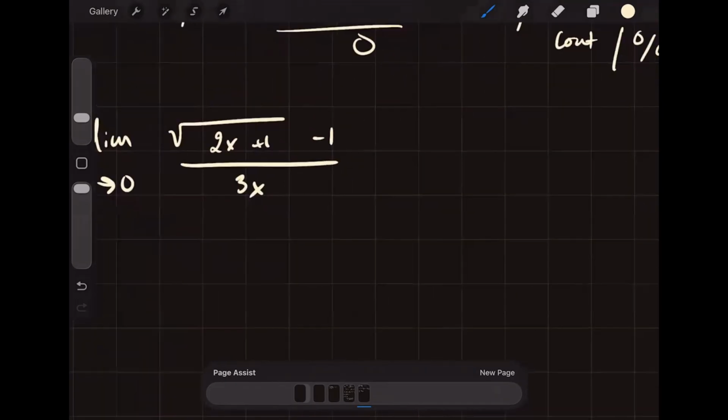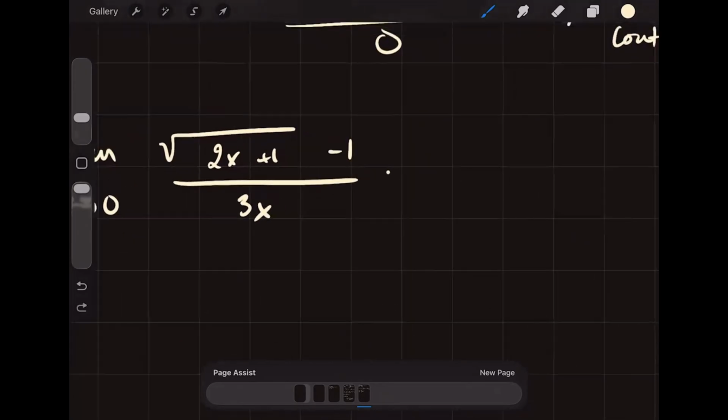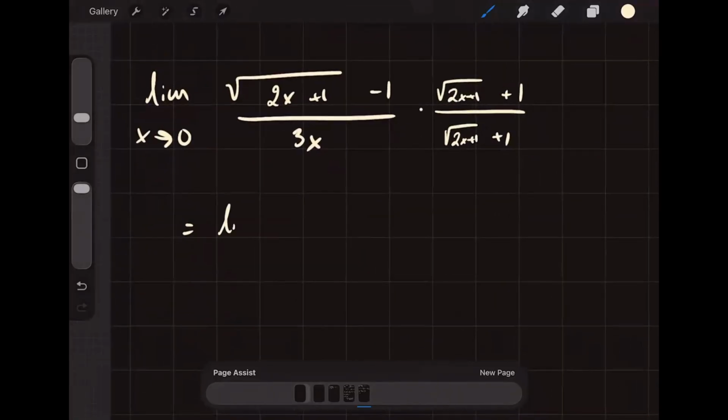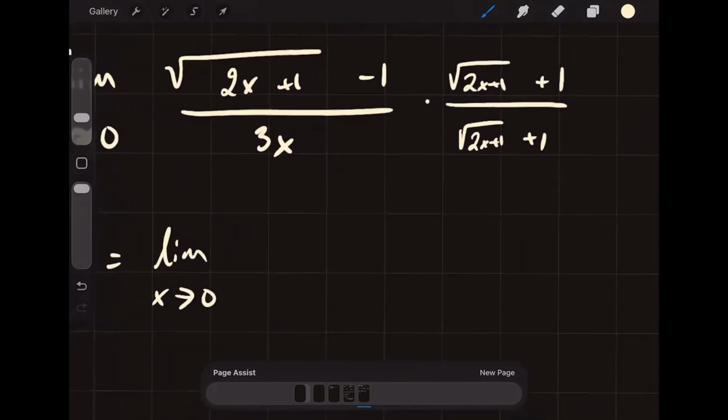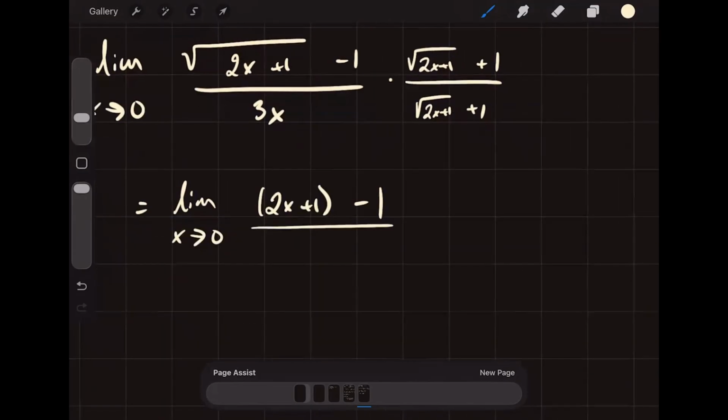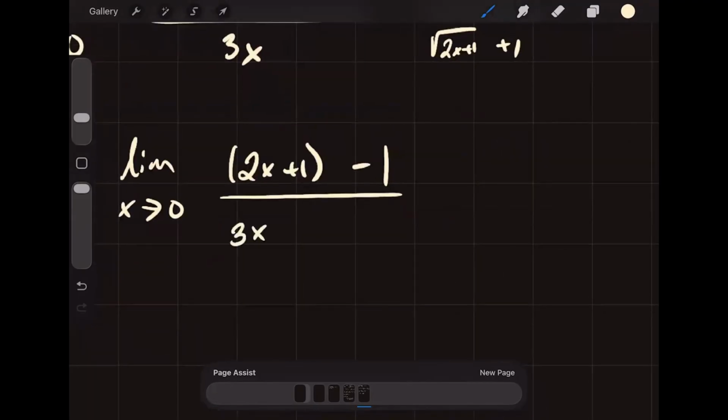We're going to multiply by the conjugate, so we multiply by the root of this on top, root of that on the bottom: root of 2x plus 1 on top plus 1 all over root of 2x plus 1 on the bottom plus 1, like that. That should give us the limit as x approaches 0 of 2x plus 1 minus 1 all over 3x times root of 2x plus 1 plus 1.